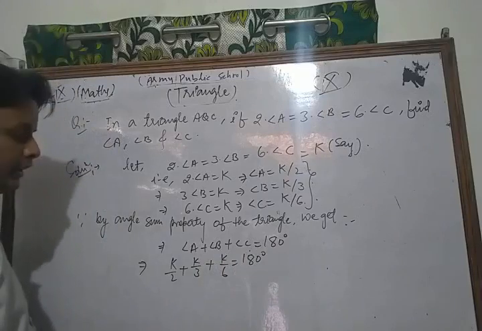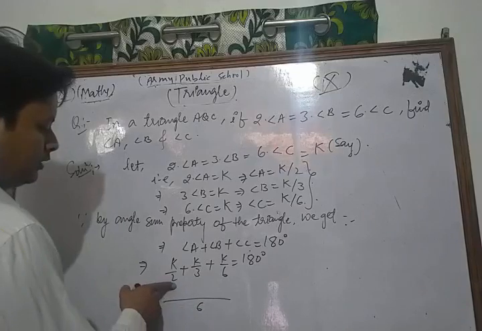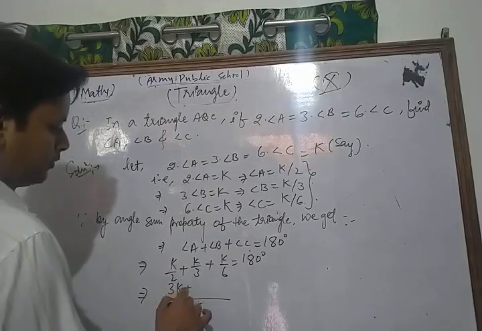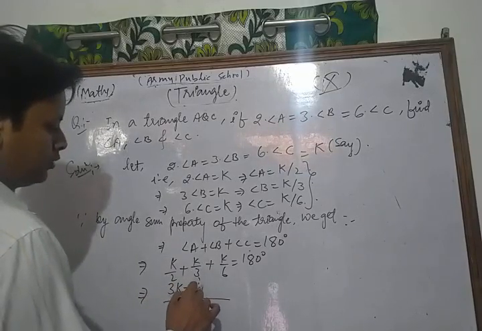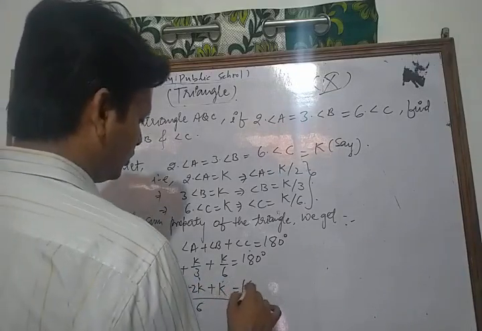Now we take the LCM of their denominators, which is 6. 2 3s are 3 into K, this is 3K, plus 3 2s are 2 into K, this is 2K, plus 1K is equal to 180 degree.